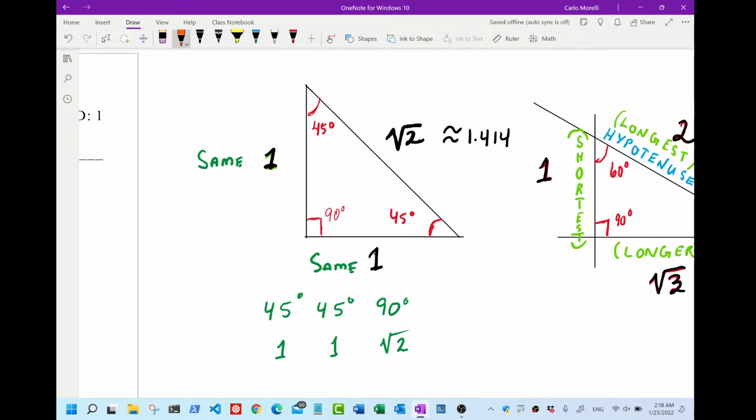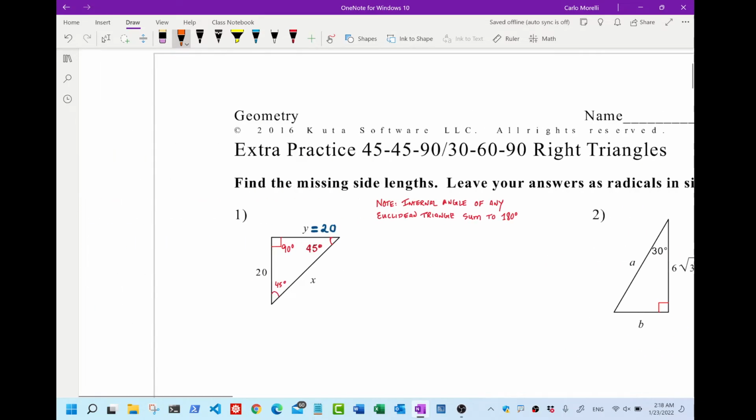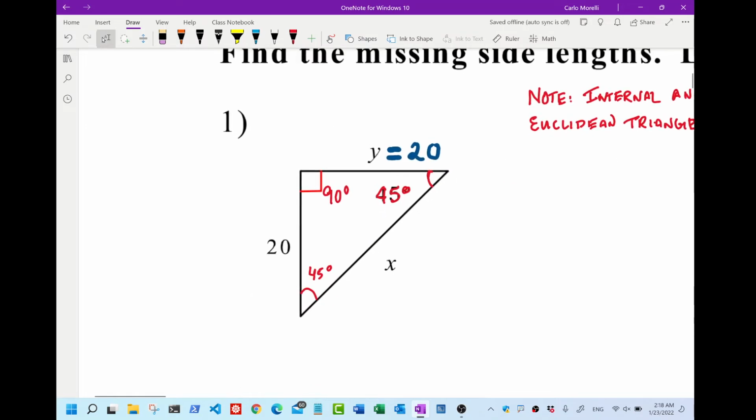Same, same, square root 2. No, 1, 1, square root 2. So the question you should be asking yourself is, well, we have the same thing here. We have same, same, blank for the hypotenuse. X is the hypotenuse. Well, what happened to 1 to turn it into 20?